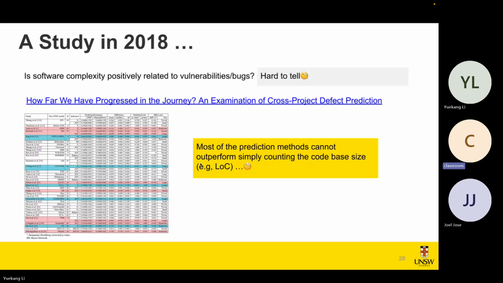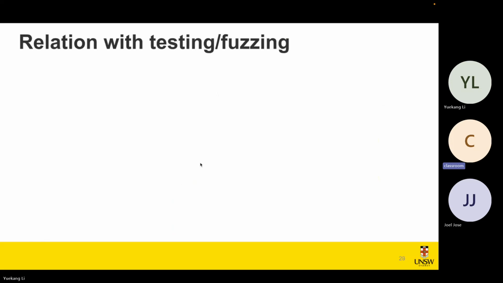So this is the situation here. And the relation of software complexity, however, we are still learning it. Because when you go to work in some companies, they have requirements on cyclomatic complexity per function. They don't want you to write over complex functions in your code.